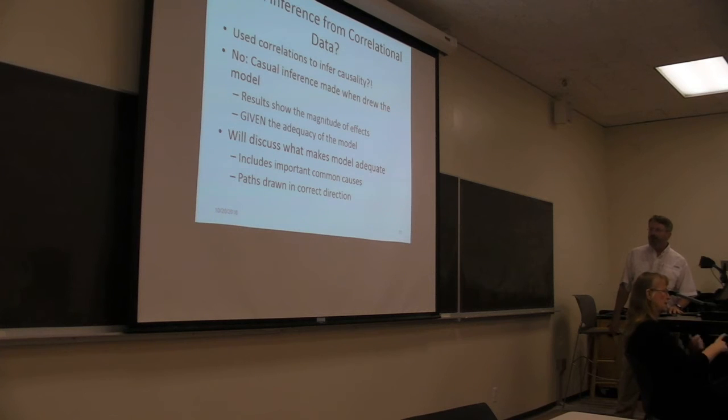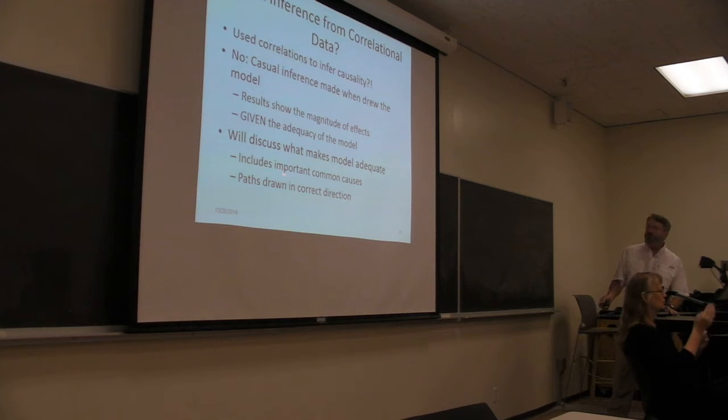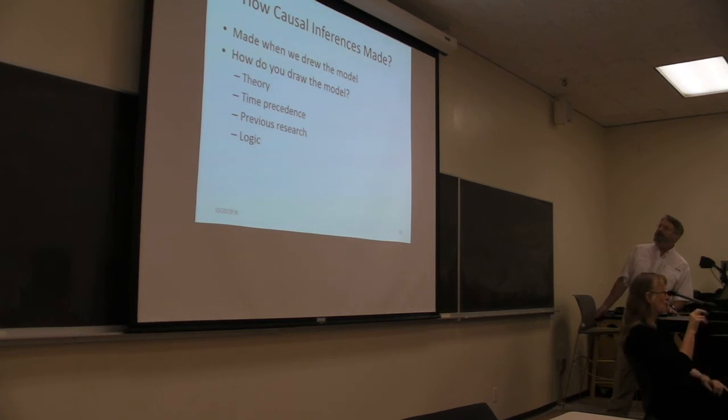And then second, and believe it or not, this is not as serious a violation as the first, you've got the paths drawn in the correct direction. If you do those things, then it's perfectly valid to make causal inferences using correlational data. These can be hard, though. How do you know you've gotten all the important common causes?